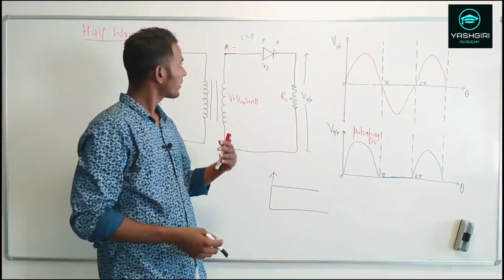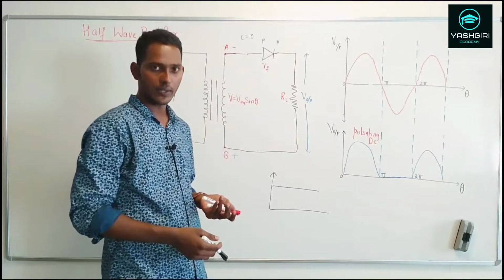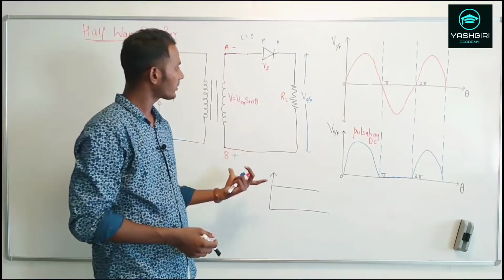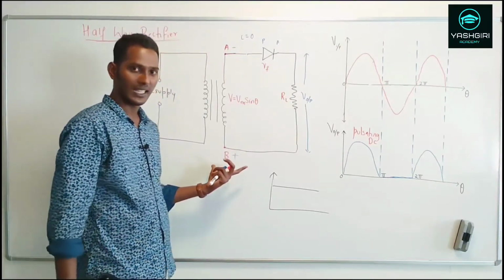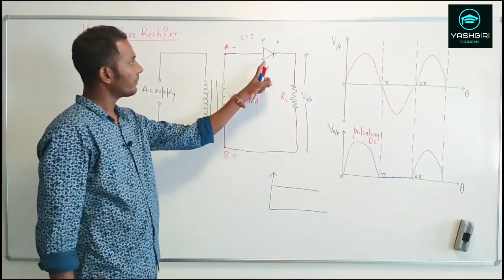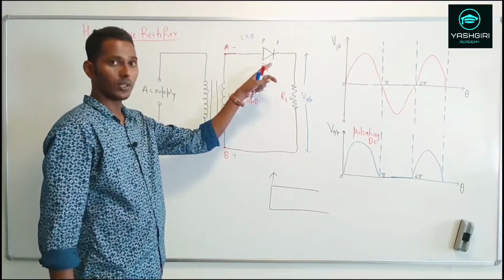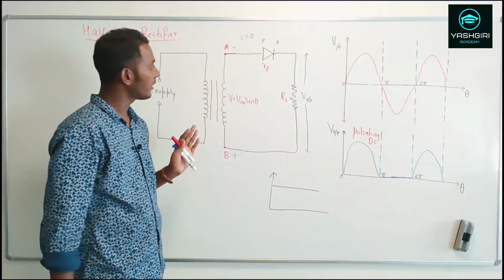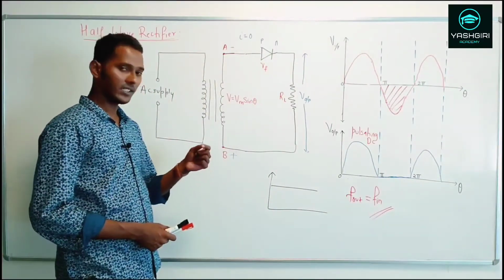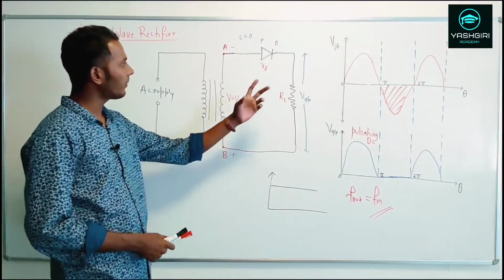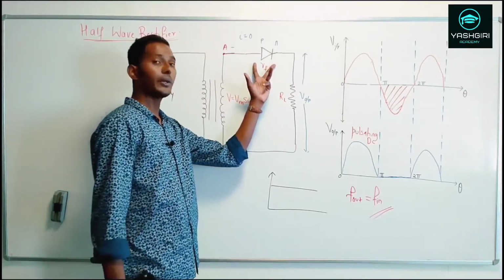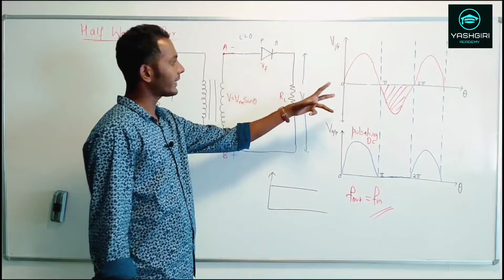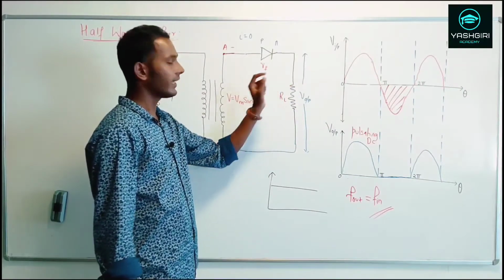The next thing is about the PIV rating of the diode. If I want to construct this circuit in a lab, what type of diode do I require? What are the parameters of the diode that should be considered when constructing this rectifier? PIV is the peak inverse voltage, that is the maximum voltage this diode can bear during the negative half cycle of an AC signal.